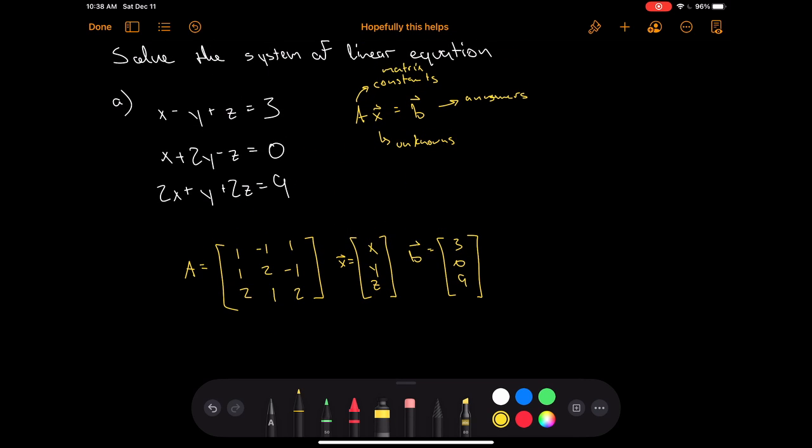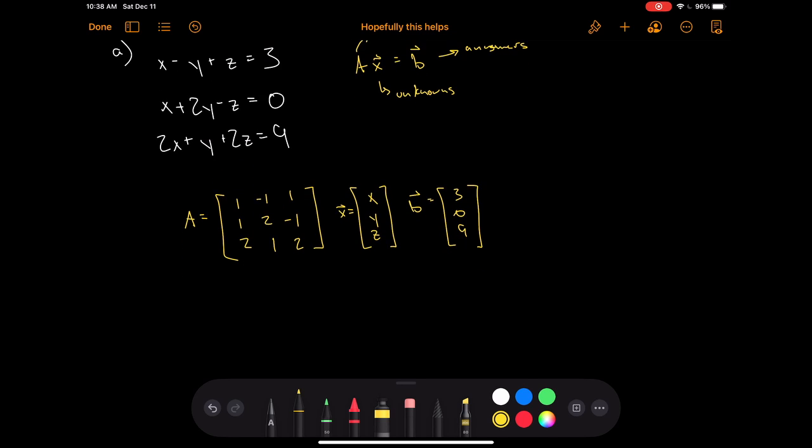Previously we discussed solving these systems using row reduction. The way we can do this is by putting the two of these into an augmented matrix.